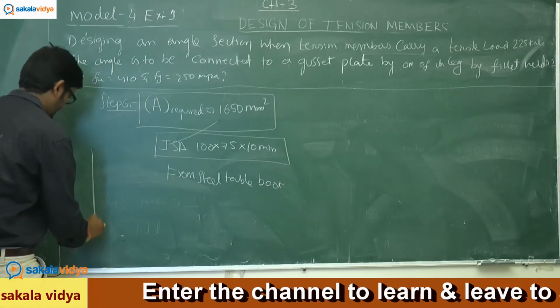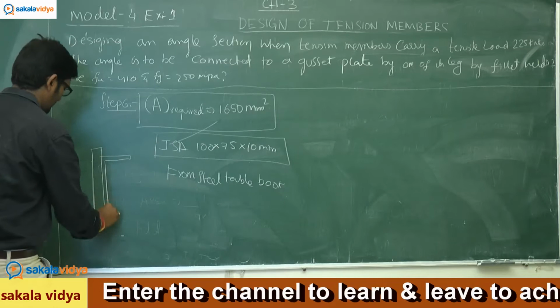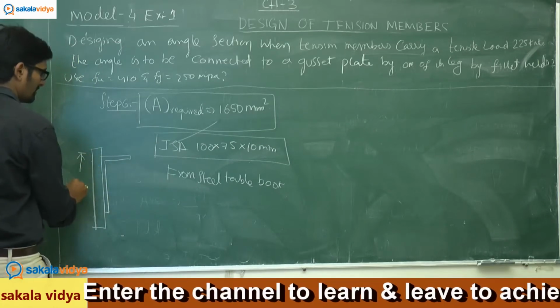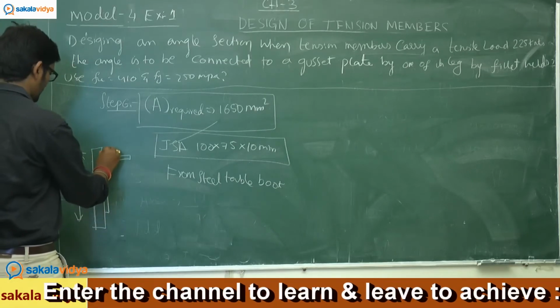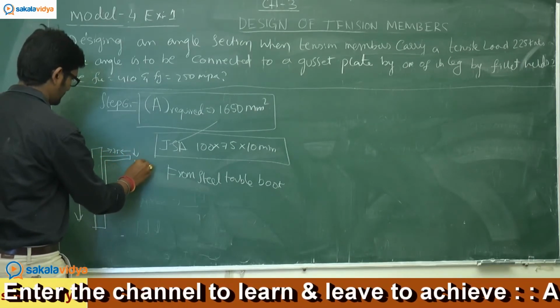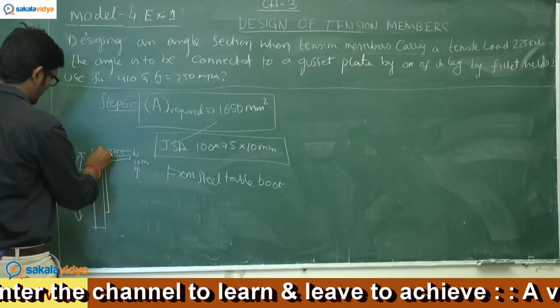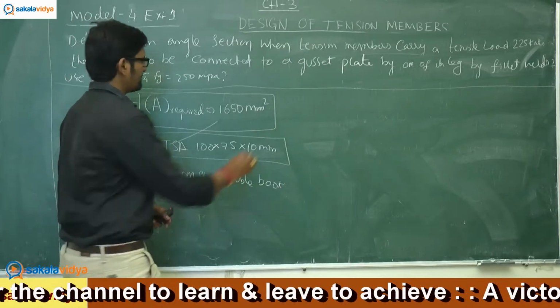So let the angle section be 100 into 75 into 10 mm, connected to a gusset plate by using fillet weld. So what is step 7?